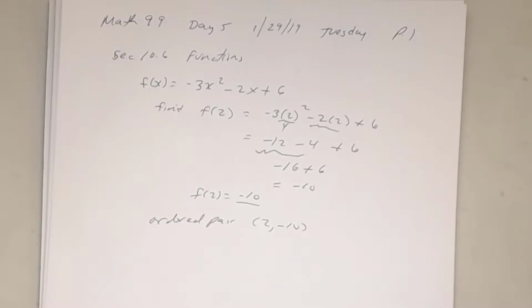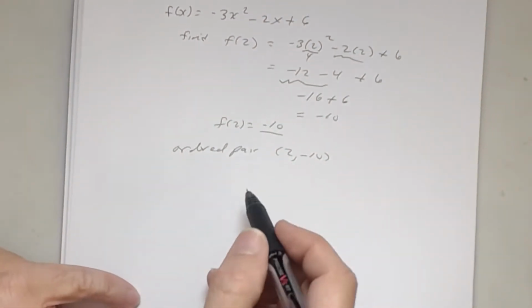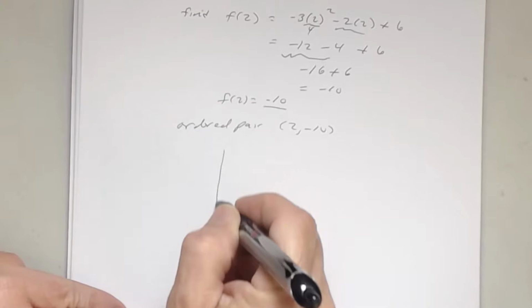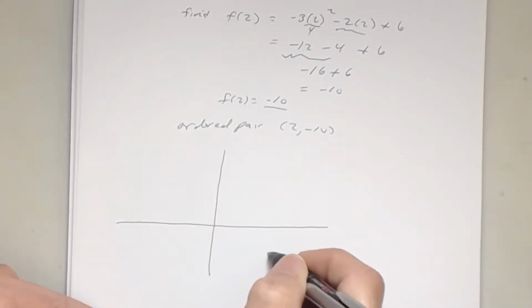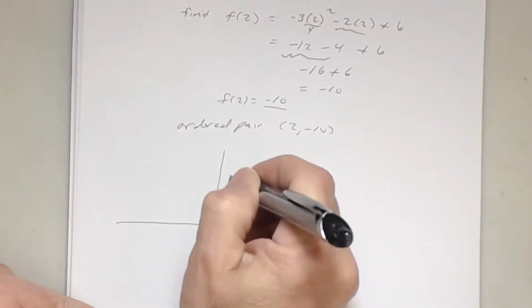All right, and then remember the last class period, we talked about finding domain and range. So for example, I'm doing this by hand, but let's suppose you had this graph. It looked like this.